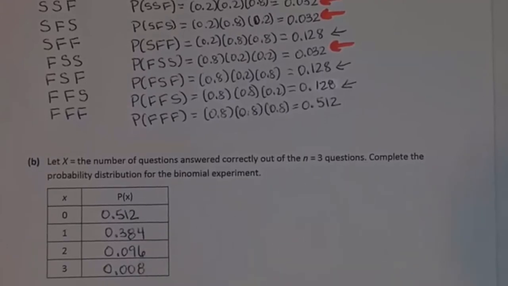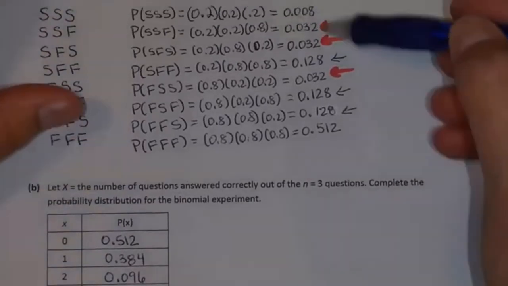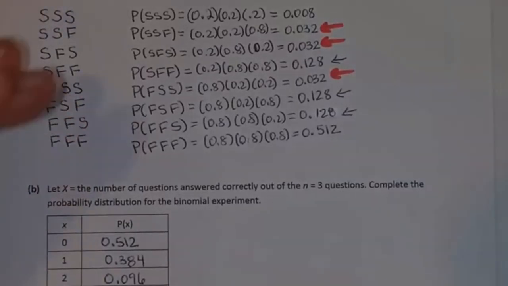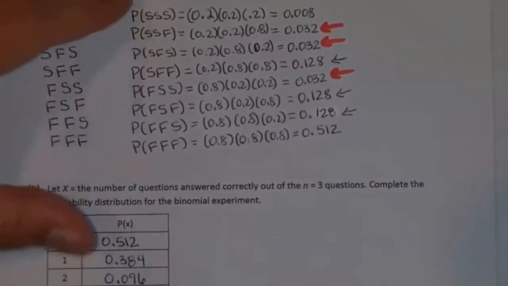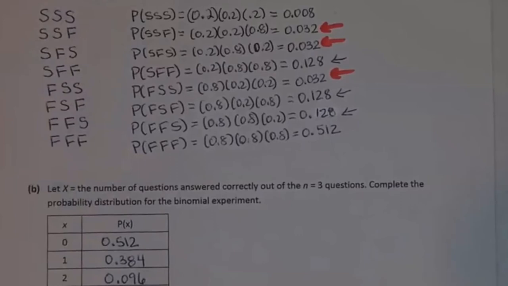So what I want to examine is how maybe I could calculate this a little more easily without having to literally list all of this. For example, I'm not likely to give you a quiz that would only have 3 questions on it. If I was going to give you a pop quiz, it'd probably have more like 5 questions on it or 10 questions on it.